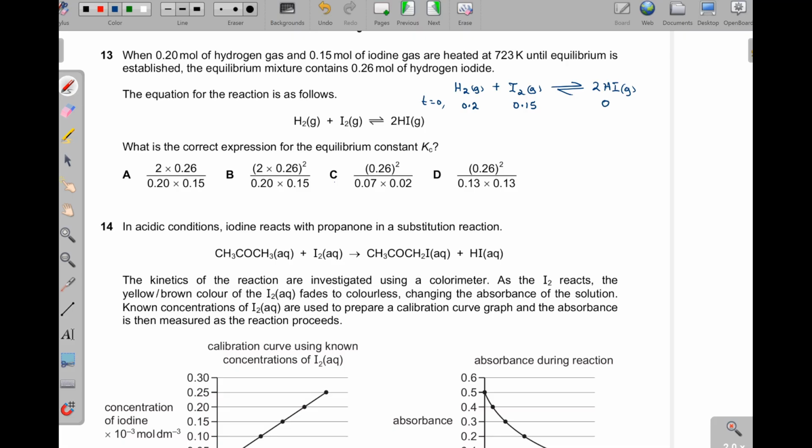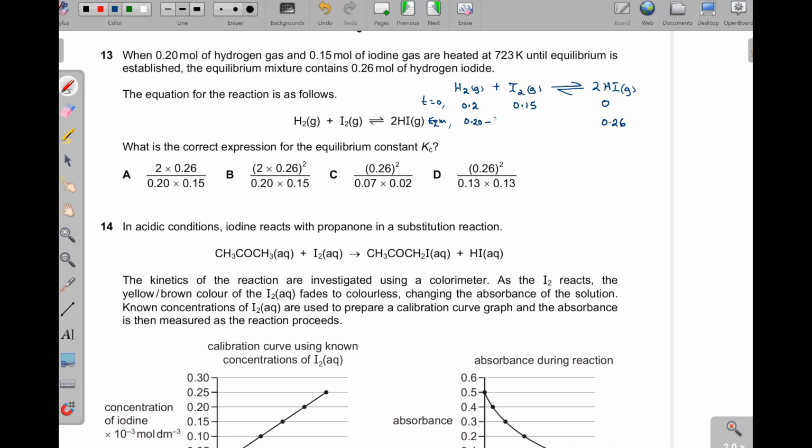Then that means here we haven't gotten any moles of the product. And then at equilibrium, what happens? So at equilibrium, something reacts off, okay? 0.20, something reacts off. But here they are saying the equilibrium mixture contains 0.26 moles of hydrogen iodide.